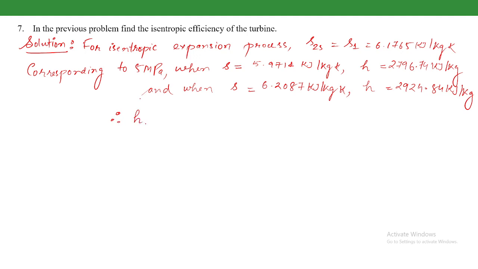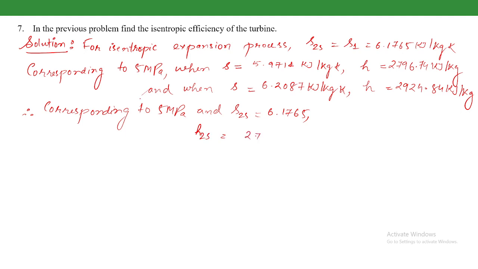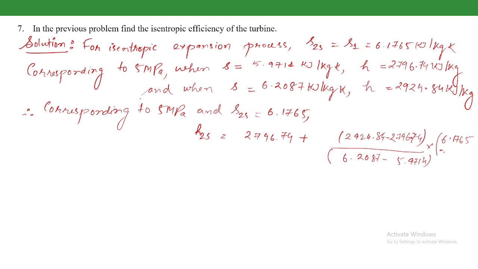Therefore, corresponding to 5 megapascal and S2S equals 6.1765, the enthalpy value is 2796.74 plus (2924.84 minus 2796.74) divided by (6.2087 minus 5.9714), multiplied by (6.1765 minus 5.9714).